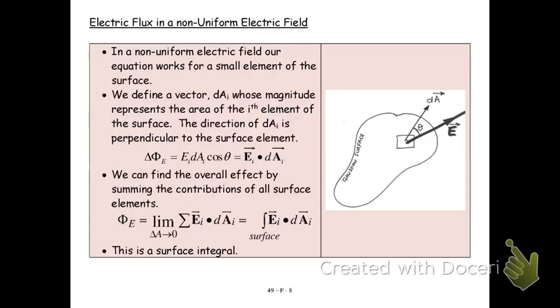Where are we going? We're going to create electric fields using point sources of charge. If you imagine you have a point source of charge, I have electric field coming off in all directions. And I'm going to construct a Gaussian surface.